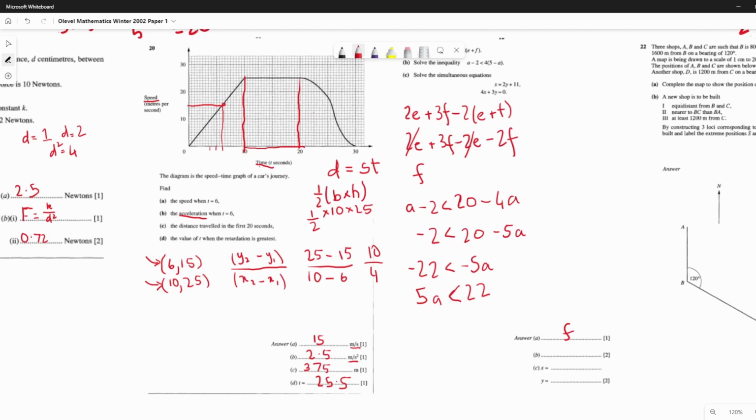But on the positive side of things, the bigger the numbers get, the greater they are. So 5a is less than 22, which means a is less than 22 over 5. And I don't think that can be simplified any further.